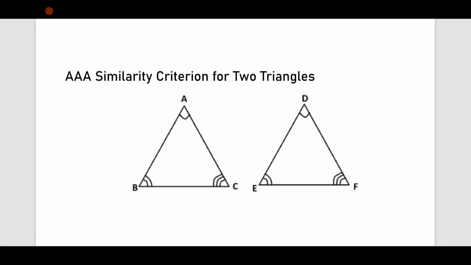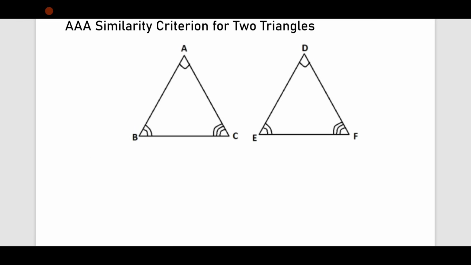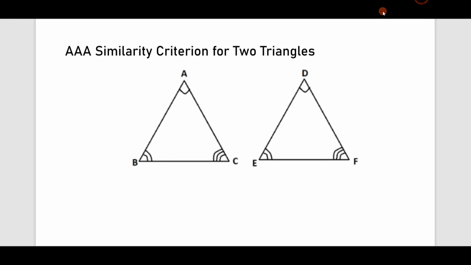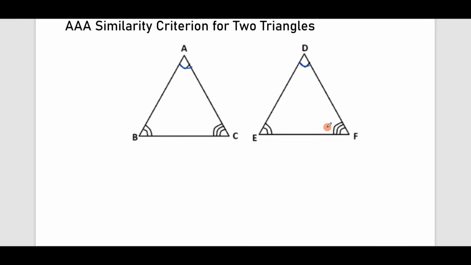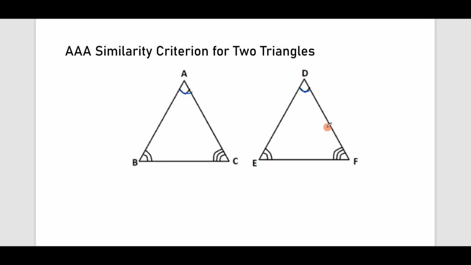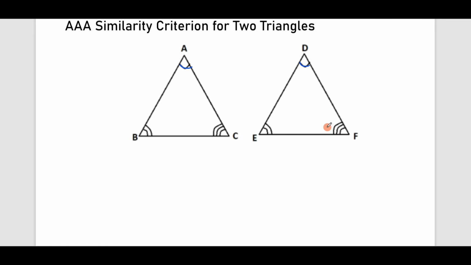Next we'll move to the triple A criteria. It says that in two triangles, if corresponding angles are equal, for example, angle A is equal to angle D, angle B is equal to angle E, angle C is equal to angle F, that means if in two triangles corresponding angles are equal, then their sides will be in proportion.